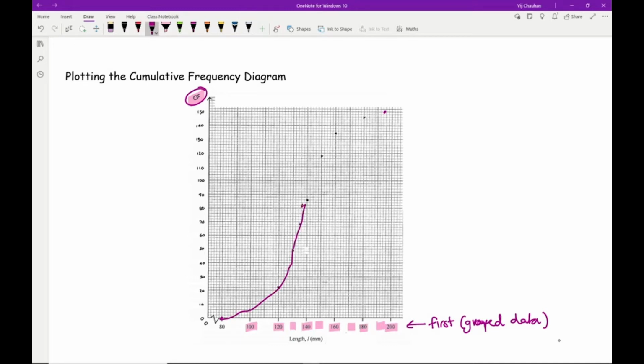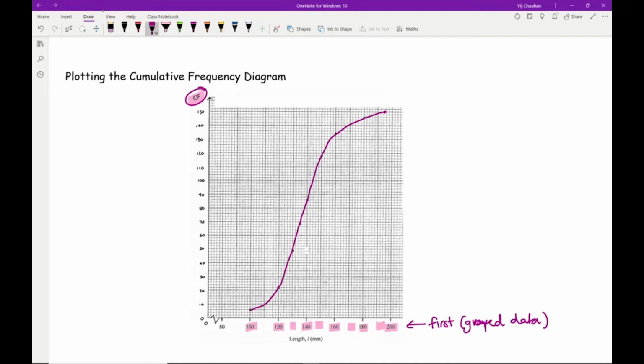Oh, let's try that again. You need to make sure that your line goes through all your plotted points, and there we go.